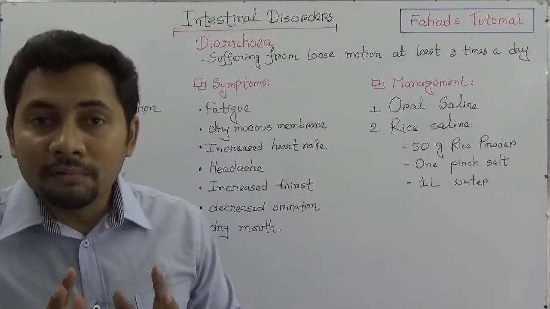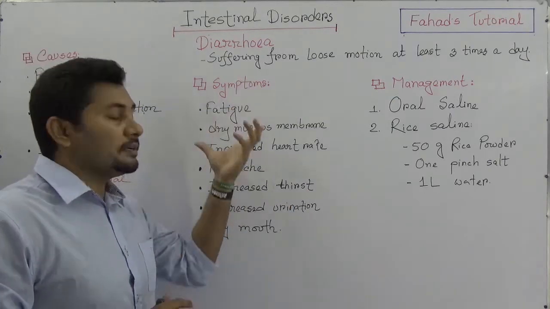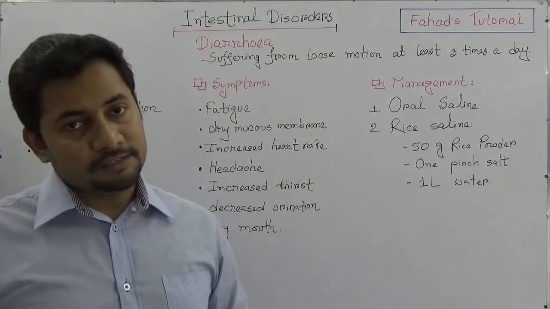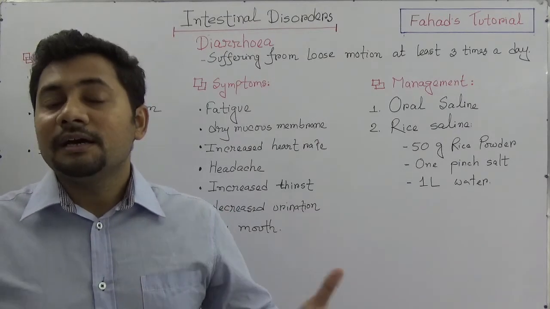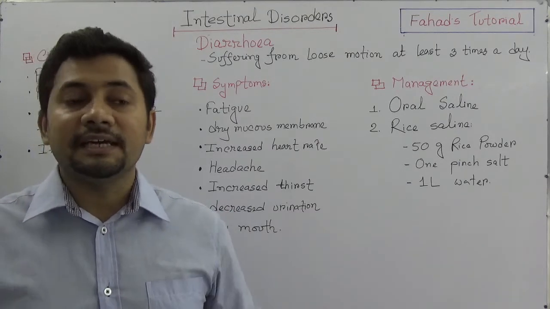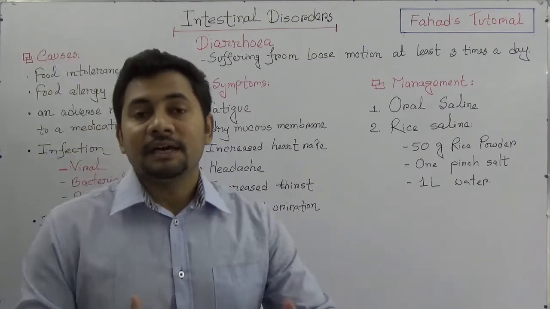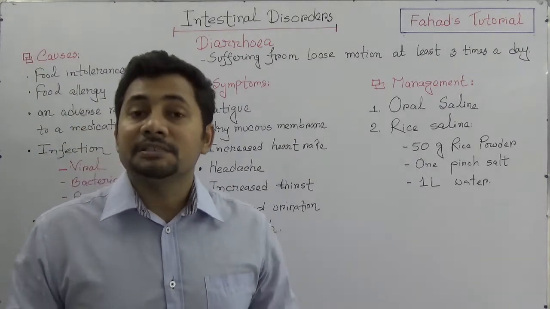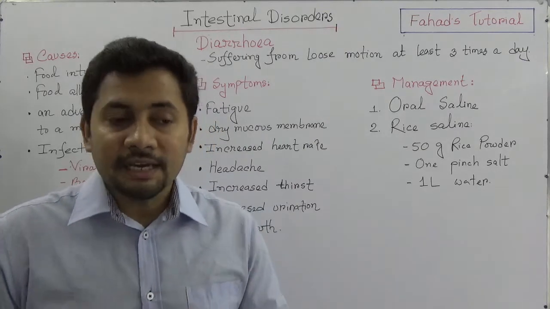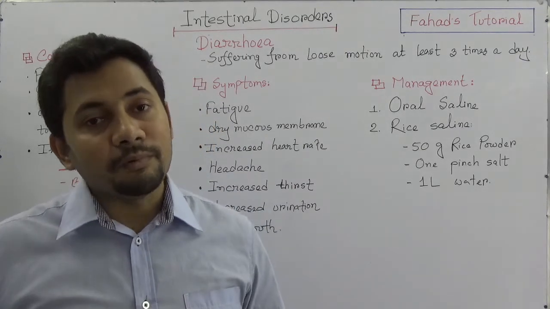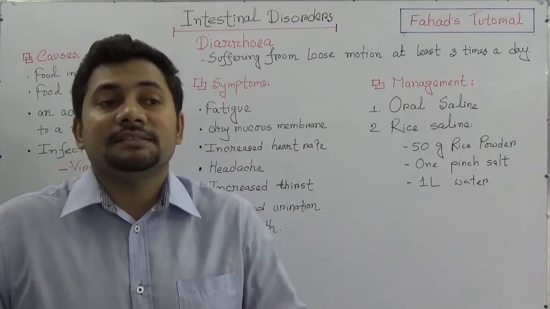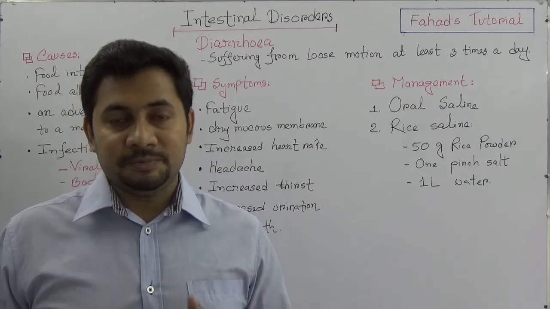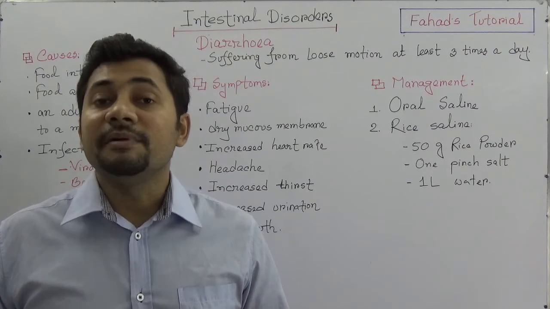These are the symptoms very common in diarrhea, because a person is passing watery stool more than 3 times a day, losing water and electrolytes, and then becomes weak. Fatigue, thirstiness and dryness are severely expressed, so the person needs medical treatment.